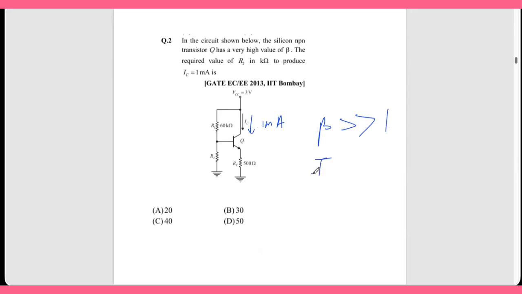So IB is actually IC by beta. And since beta is very high, IB can be neglected, it is almost equal to 0.